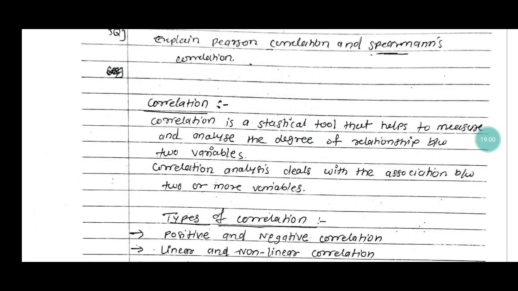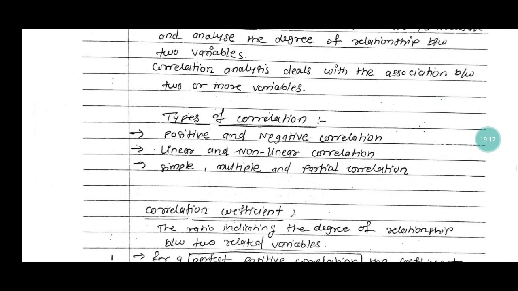So I'll start the answer, that is correlation. Correlation is a statistical tool that helps to measure and analyze the degree of relationship between two variables. Correlation analysis deals with the association between two or more variables. The types of correlation are positive and negative, linear and non-linear, and simple, multiple and partial correlations.